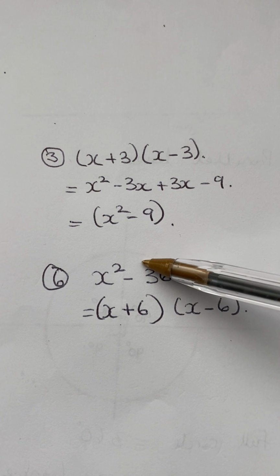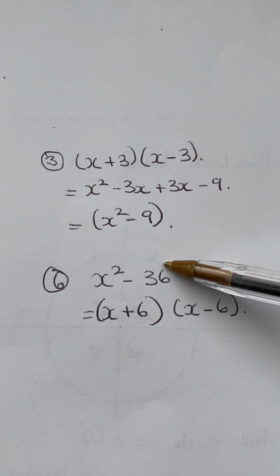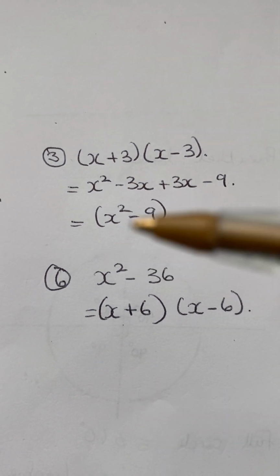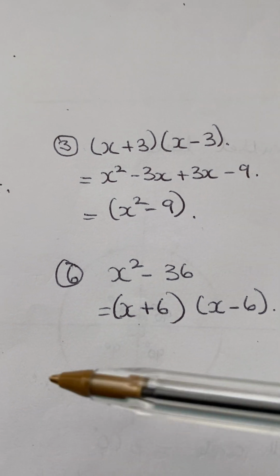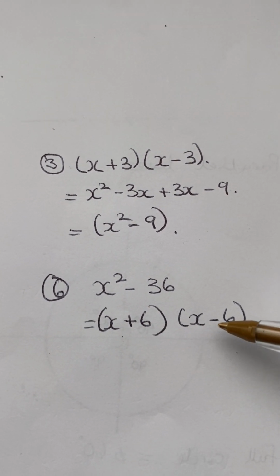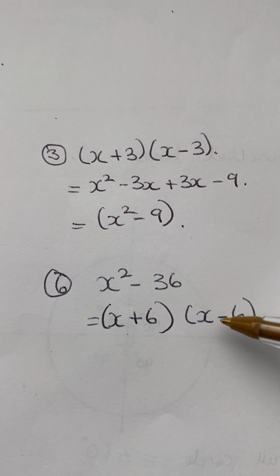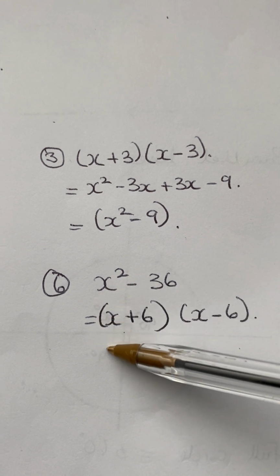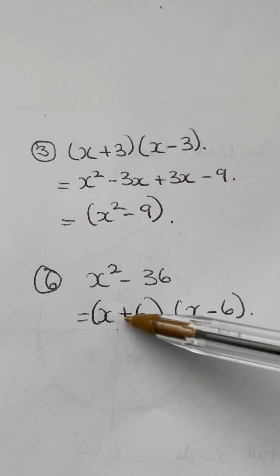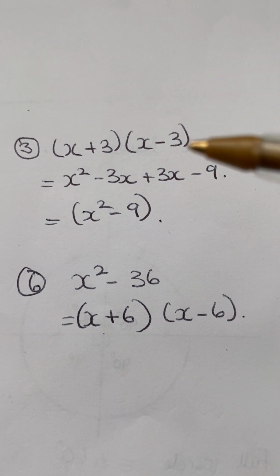The square root of 36 is 6, plus 6 minus 6. So one will be plus and one will be minus. So x plus 6 will be in the first bracket, or x minus 6. You can bring the plus or the minus first, it doesn't matter.